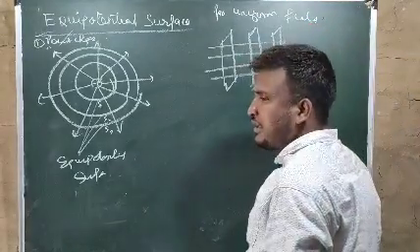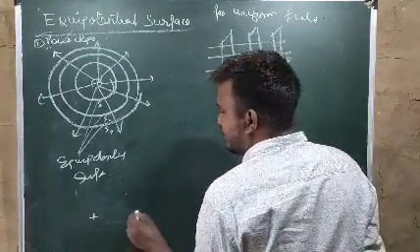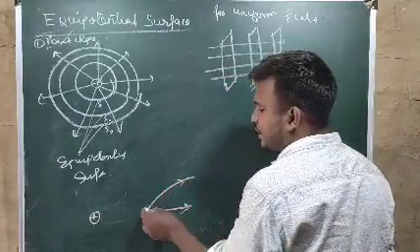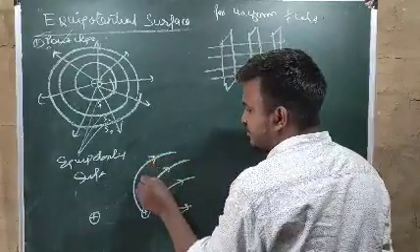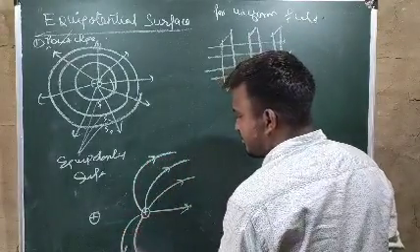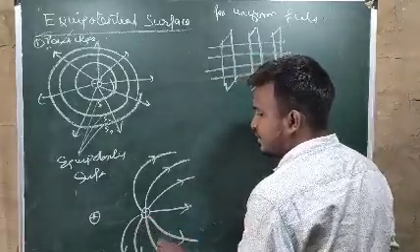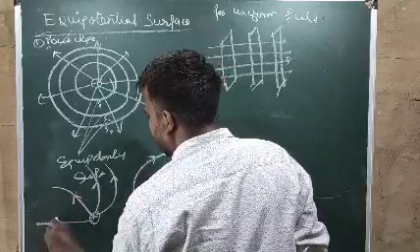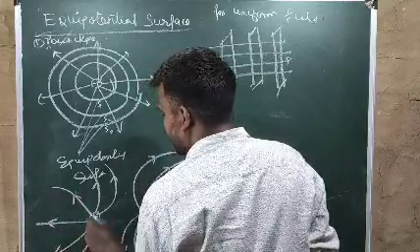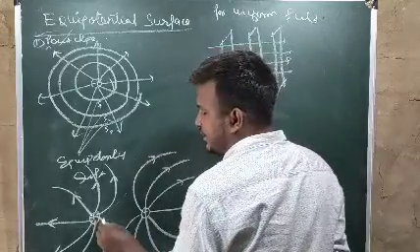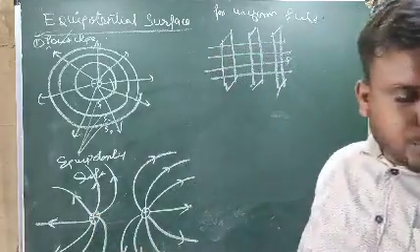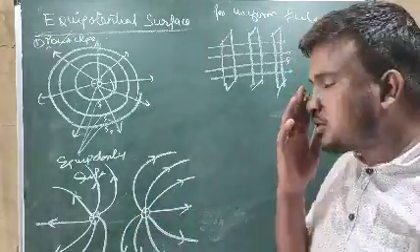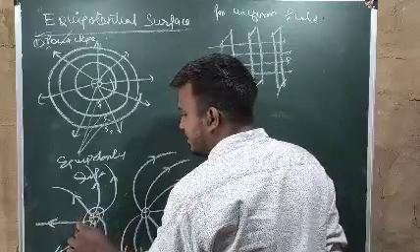The third one is for two positive charges. If two positive charges are present, let us first draw the pattern of the field lines. Already we know the field lines will be in this pattern. So you have to draw the equipotential surface in such a way that the field lines are always perpendicular. The first one will be very easy, all will be perpendicular.